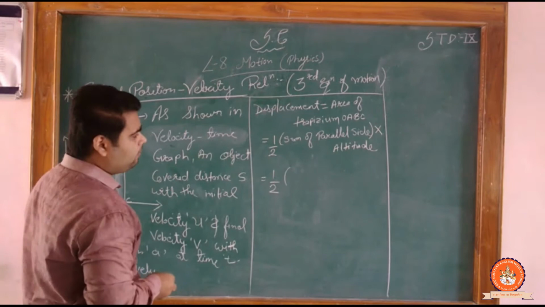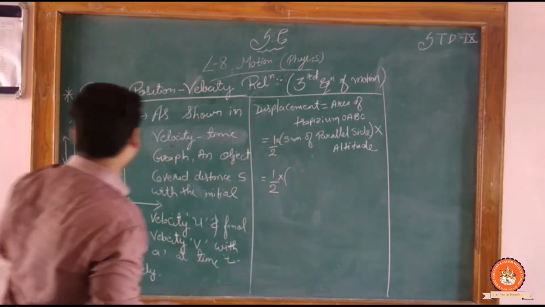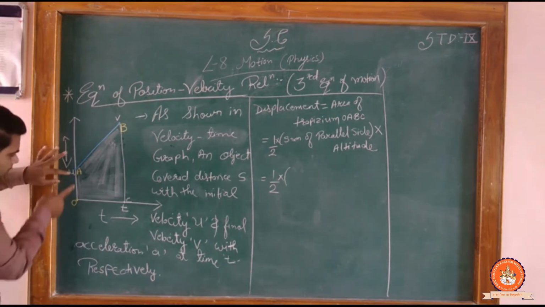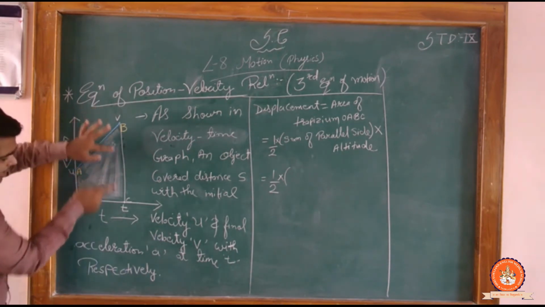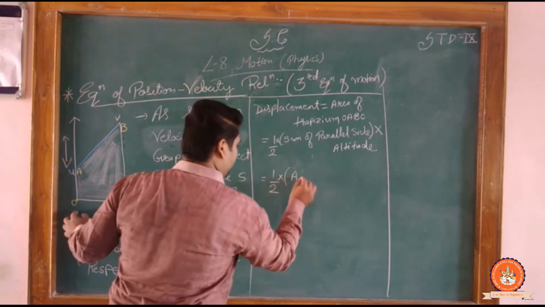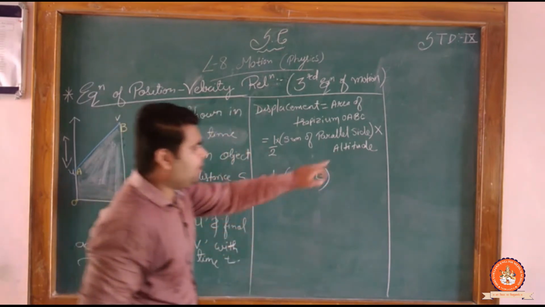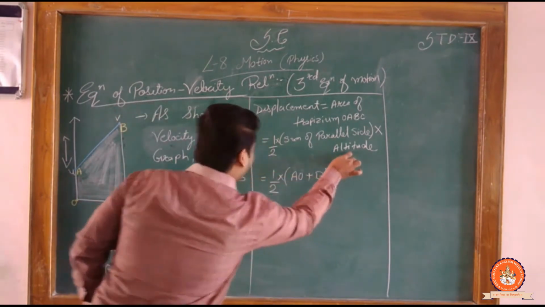The sum of parallel sides: the parallel sides are AO and BC, so AO plus BC. Now multiplied by the altitude.